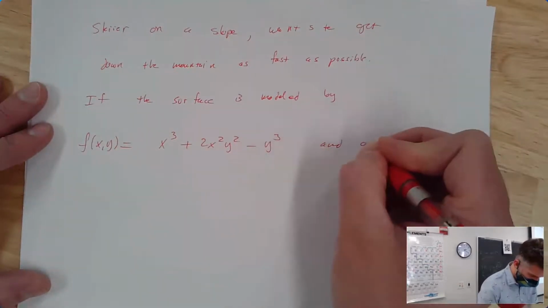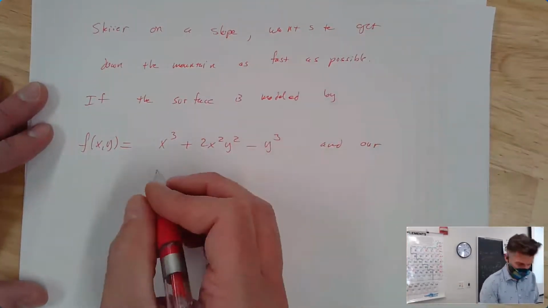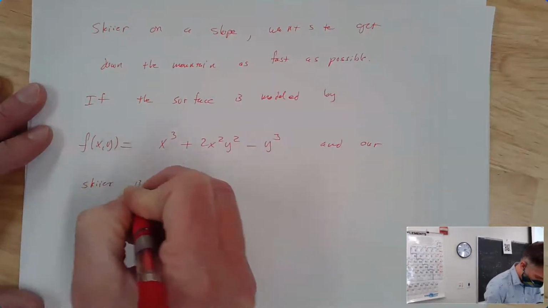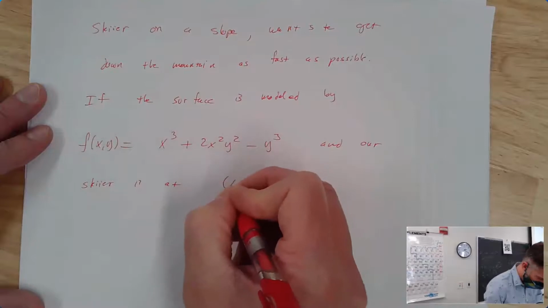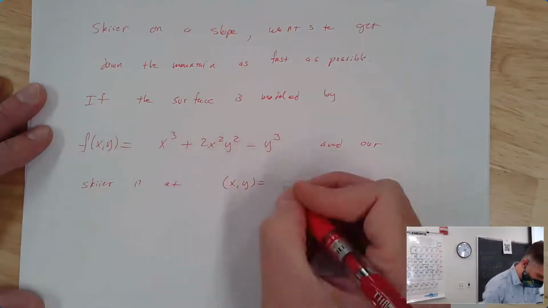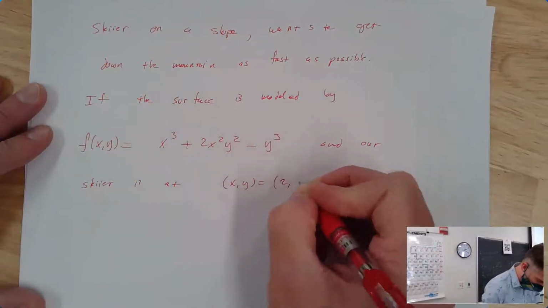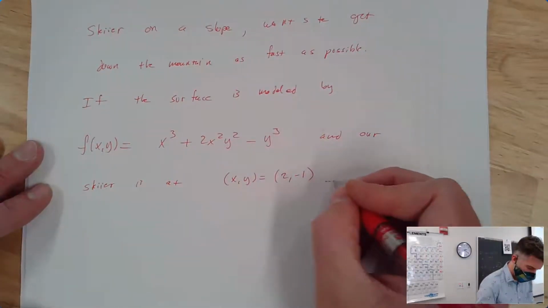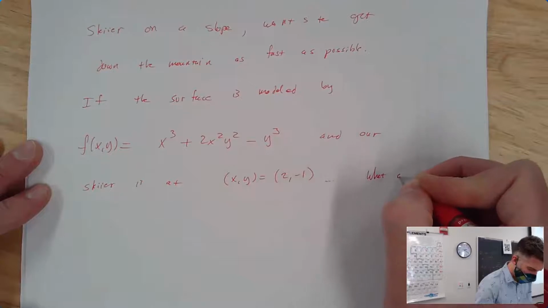And our skier is at (x, y) equal to, well, let's make it kind of fun, (2, -1). What direction should they travel in?